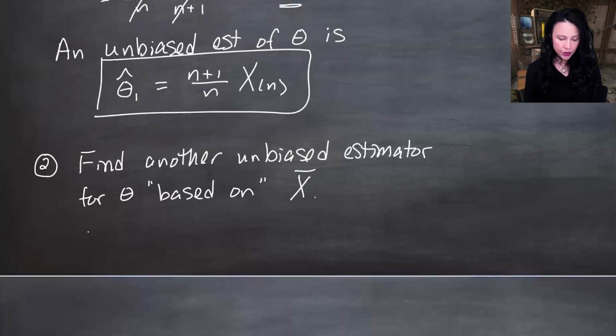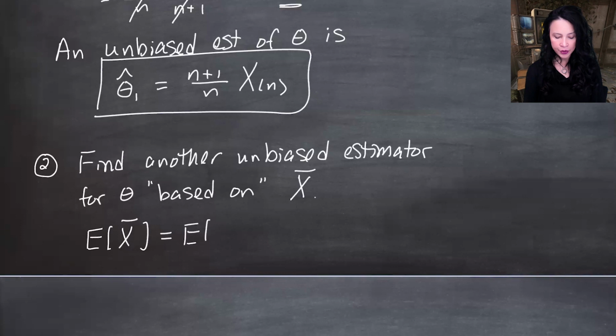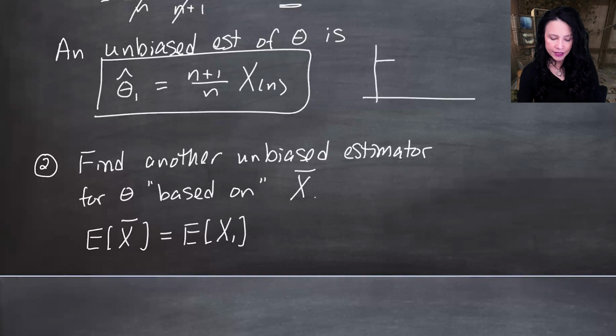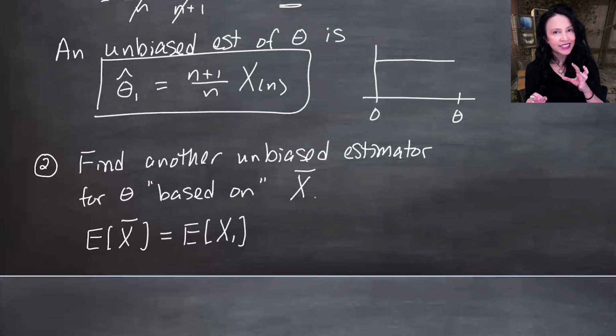And we do know that the expected value of the sample mean is the same as the expected value of any one of them from the random sample x1 through xn. So to find that expectation, you could do an integral, but I claim you don't have to. The mean is a balancing point for the distribution. If you think of it as a center of mass thing that you might have learned about in calculus.